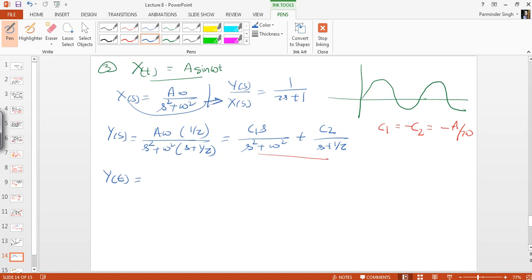So I'm writing the direct expression. Laplace inverse comes out to be A omega tau e to the minus t by tau over tau square omega square plus 1, minus A omega tau over tau square omega square plus 1 times cos of omega t, plus A upon tau square omega square plus 1 into sine of omega t.